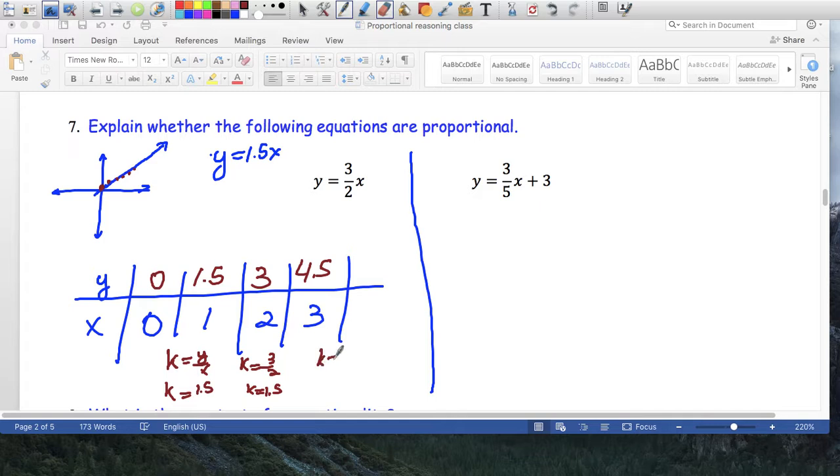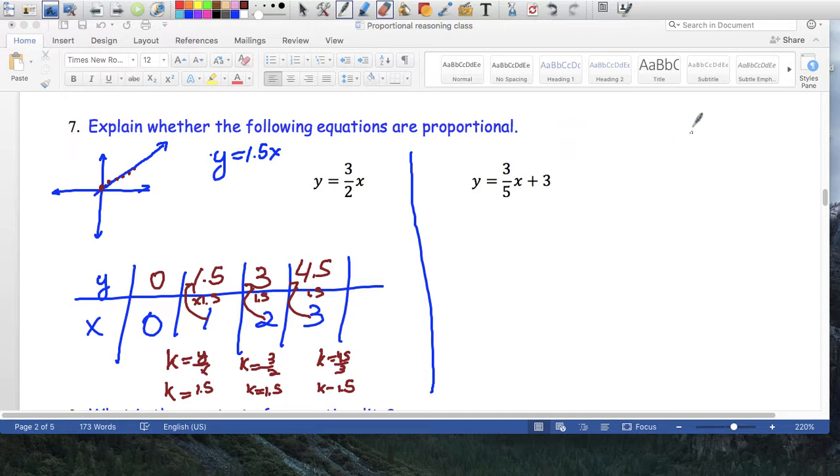And the last one, you get k equals 4.5 over 3, and likewise it becomes 1.5. So you can tell that this is proportional, and you can see that relationship going this way. It's times 1.5 for each of these.